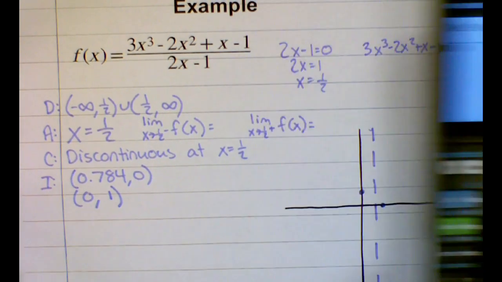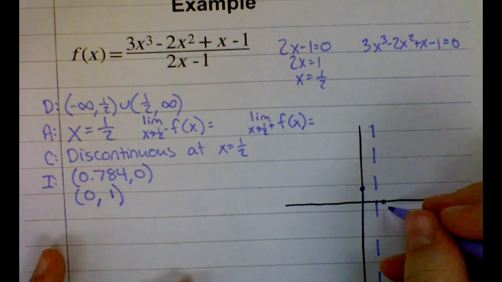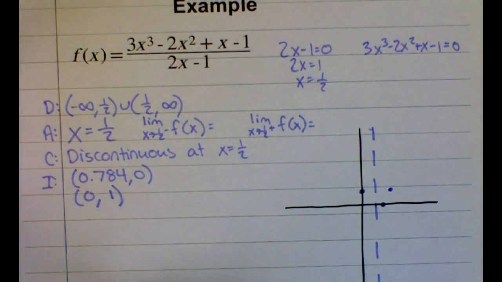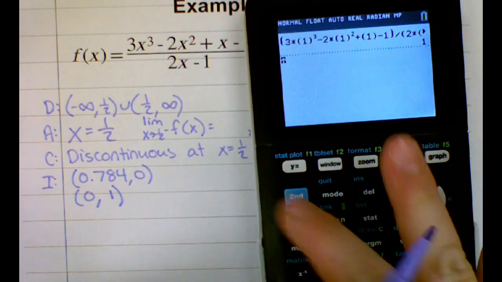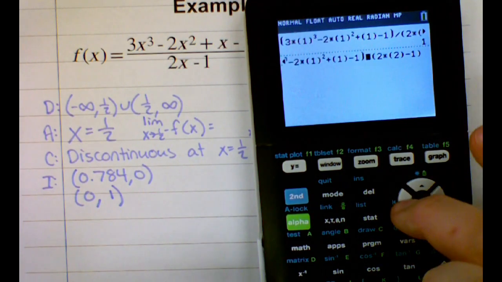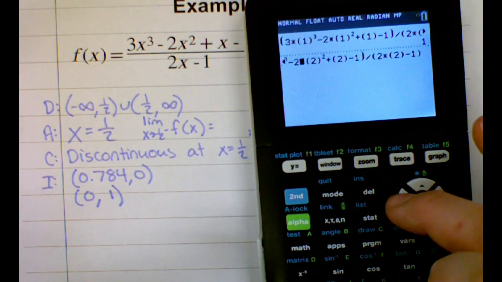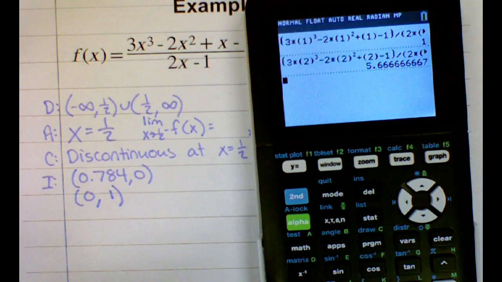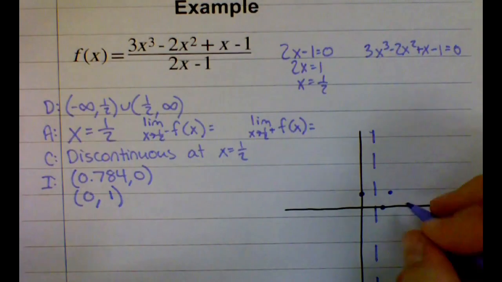I got 1. Okay. So 1, 1 is a point. Let's try 2. Change all those to 2's. I put those 1's in parentheses just so I could remember that's exactly where I'd have to change them in a minute. 5.6. So that's getting higher.